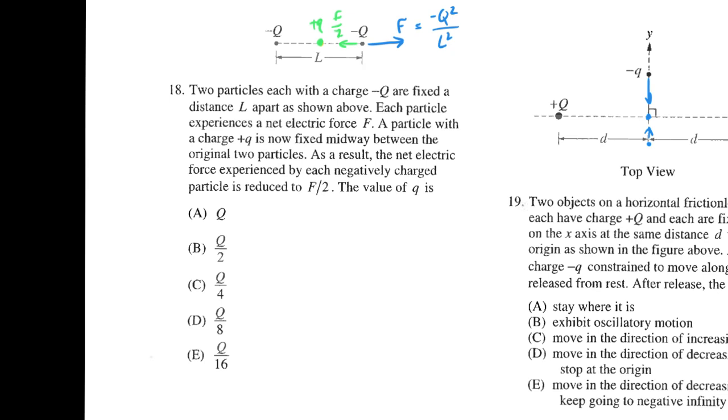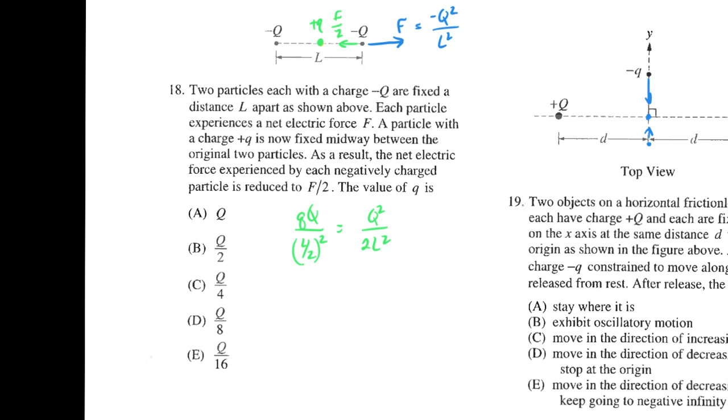Is that reasonable? So it will be Q over L half squared. And this has to equal Q squared over 2L squared. Now the negative sign is unnecessary. I don't know why I have it there.